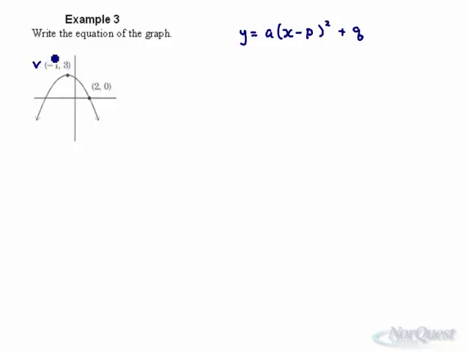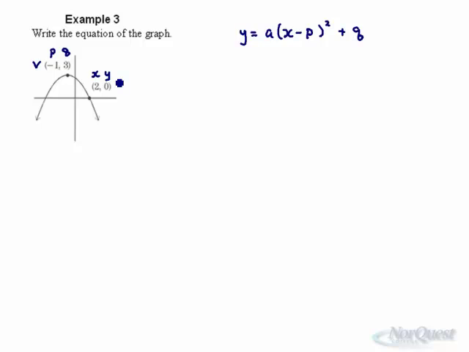Once you know the vertex, you know the p value and the q value. Some other point on the graph will stand for x and y. So what you have is x, y, p, and q. You can put all those numbers in and solve for the one number that you're missing, which is a.